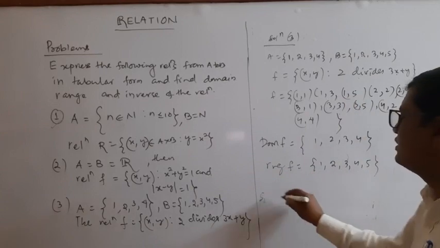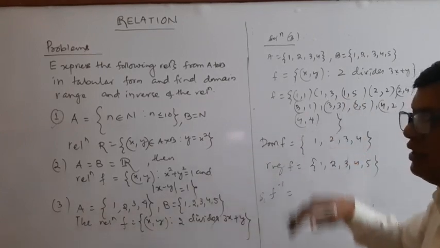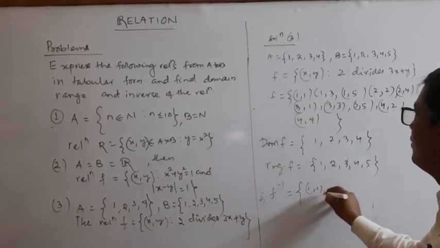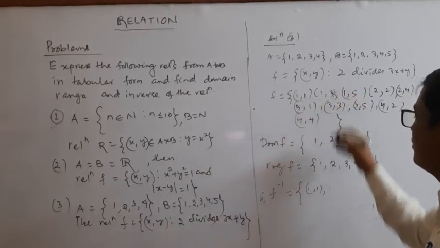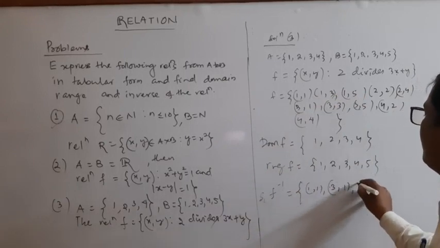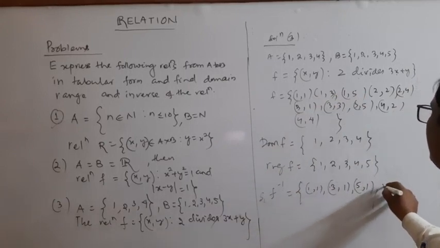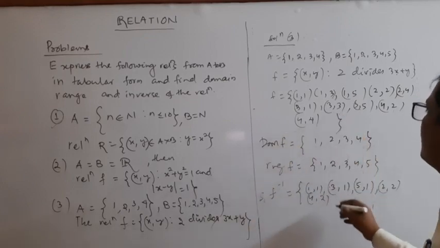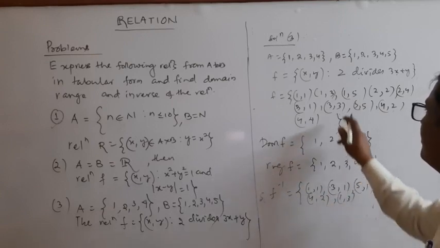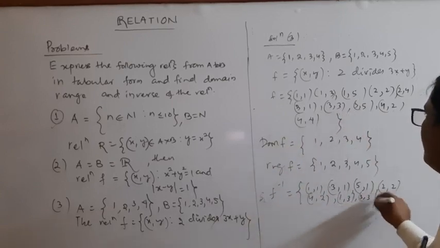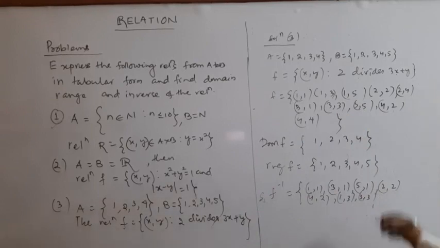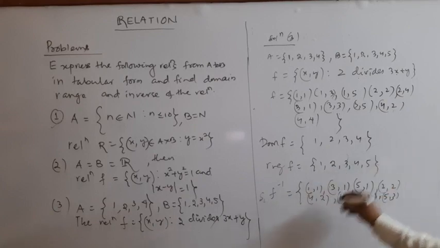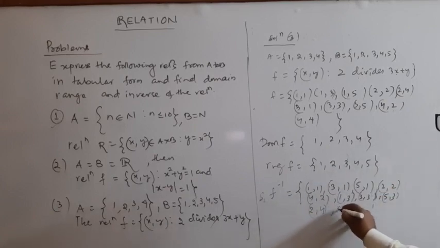R inverse is equal to f inverse: take the reverse order of the relation. (1, 1), then (1, 3) becomes (3, 1), (5, 1), (2, 2), (4, 2), (1, 3), (3, 3), (3, 5) becomes (5, 3), (2, 4), (4, 4).